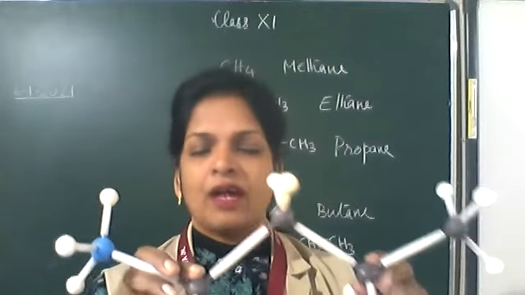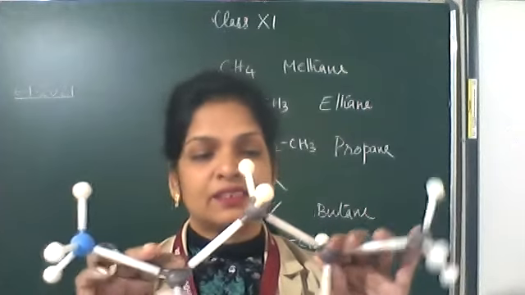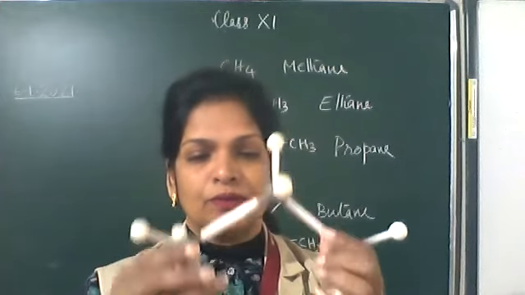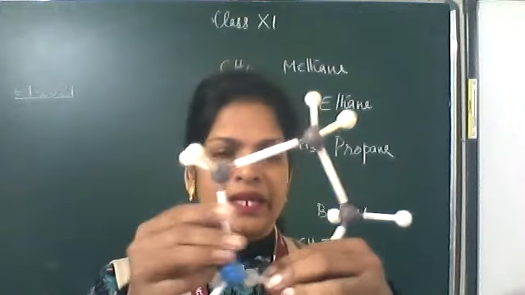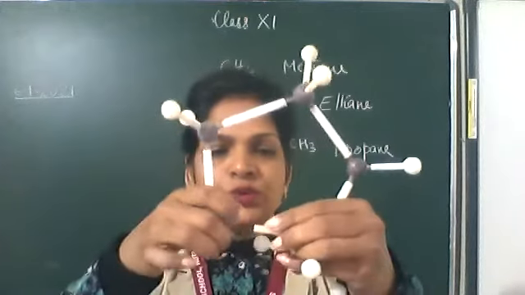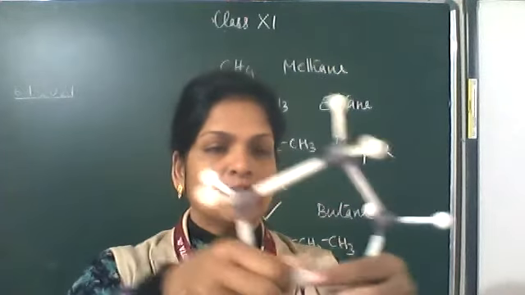So this is pentane, with 5 carbons. But as the length of the chain increases, there is a tendency to form a ring like this. I can show this as a cyclo. I will remove these two hydrogens and connect them with a bond.